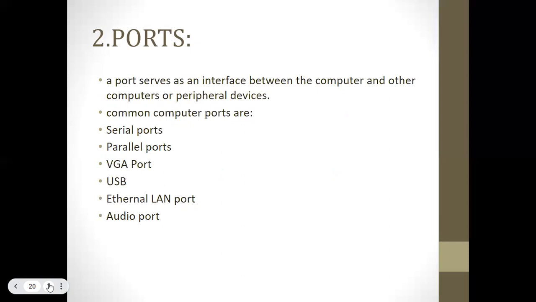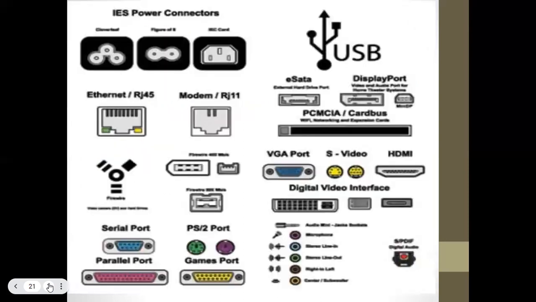The common ports include the serial port, parallel port, VGA, USB, Ethernet LAN port, and audio ports. These are present inside the motherboard and outside the motherboard, on which different peripheral devices are connected.